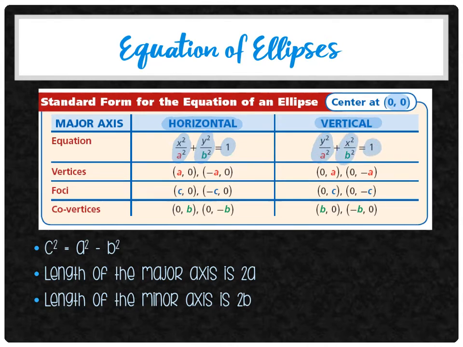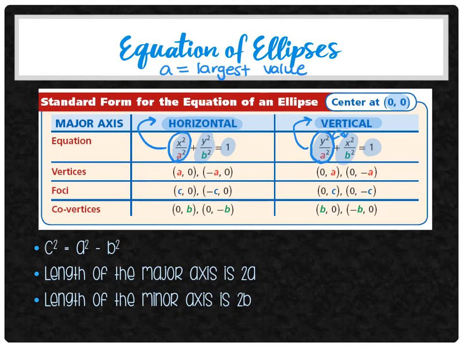Now, really, this could be interchanged. The order here is not important. The biggest thing is that a is the largest value. So if the largest number, a squared, let's say, is under the x, then it makes it a horizontal. If the largest number is under the y, then it makes it vertical.